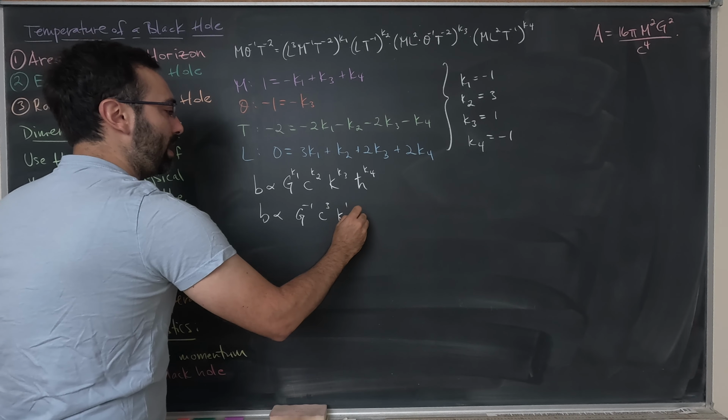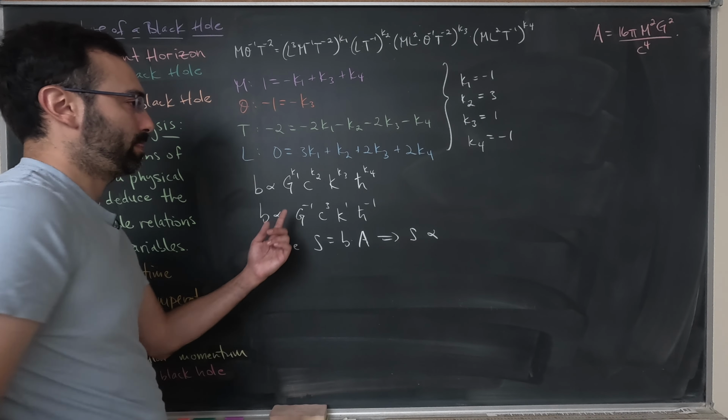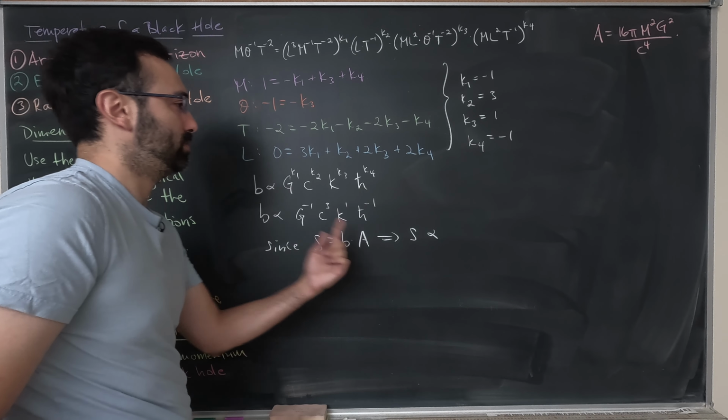But since entropy equals B times the event horizon area, that implies that the entropy is proportional to this times area.